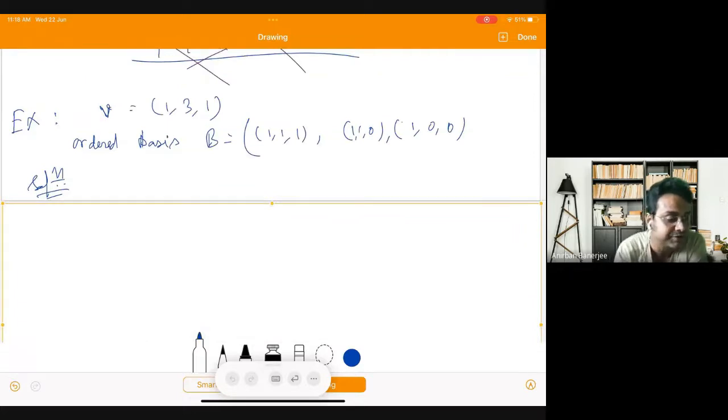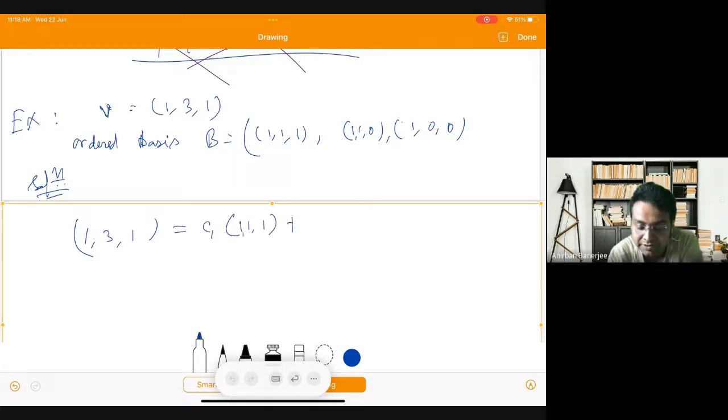How will we do that? We have to represent this vector as a linear combination of this basis. Let's say this is c1 times the first vector, plus another constant c2 times the second, and c3 times 1 comma 0 comma 0.